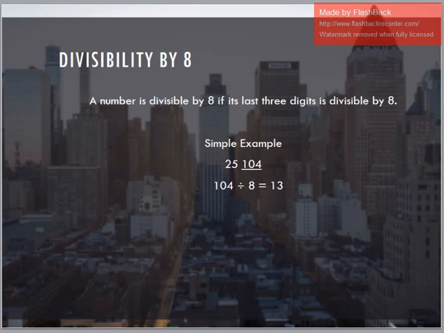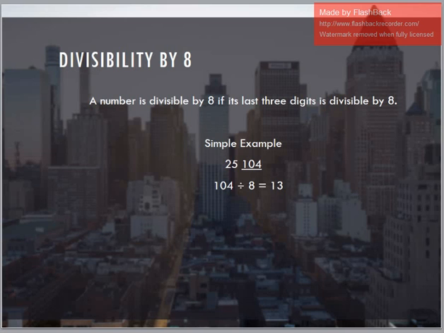So, divisibility by 8. A number is divisible by 8 if its last 3 digits are divisible by 8. It is clear that every given number has last 3 digits. For example, if it is a big or large number, you take its last 3 digits, then divide by 8. If the result, or the quotient, is a whole number with no remainder, it means it is divisible by 8.